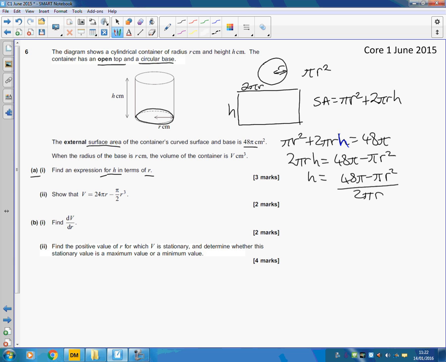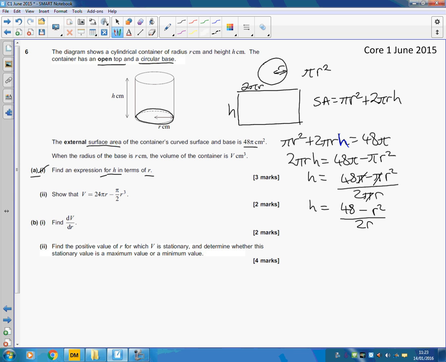And if you look at that, every term in that fraction has a pi in it, so we can cancel those out. So the height is 48 minus r squared over 2r. Right, now we've done that, we can move on to the next part.